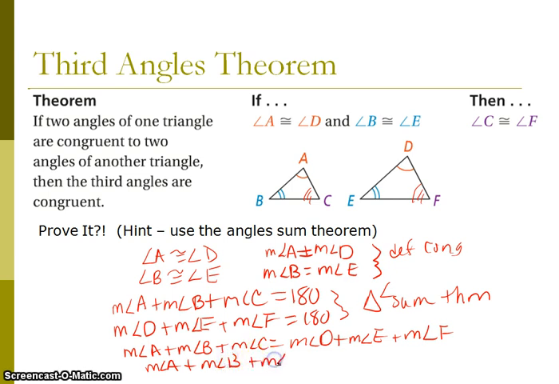The measure of angle A plus the measure of angle B plus the measure of angle C is equal to the measure of angle A via substitution plus the measure of angle B via substitution plus the measure of angle F. And you can see here, if I use the subtraction property of equality, subtracting the measure of angle A from both sides and the measure of angle B from both sides, I am left with the measure of angle C equal to the measure of angle F.